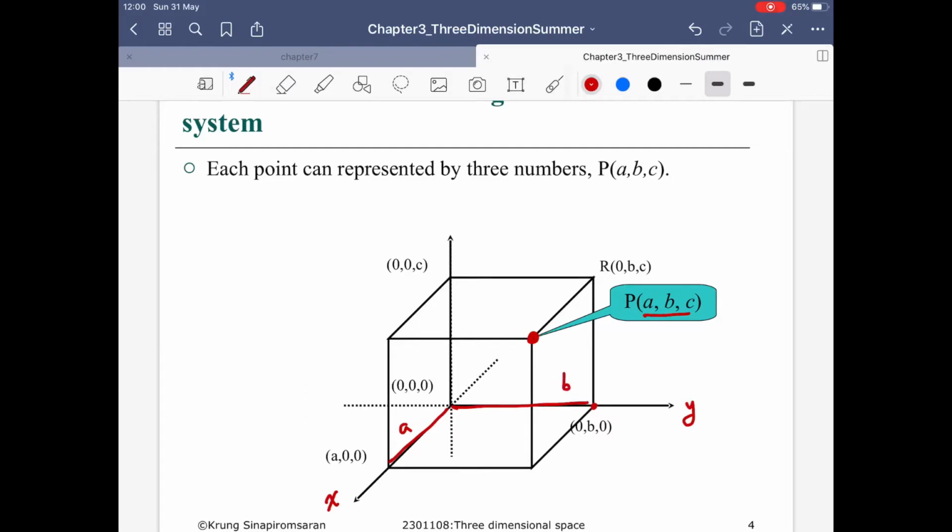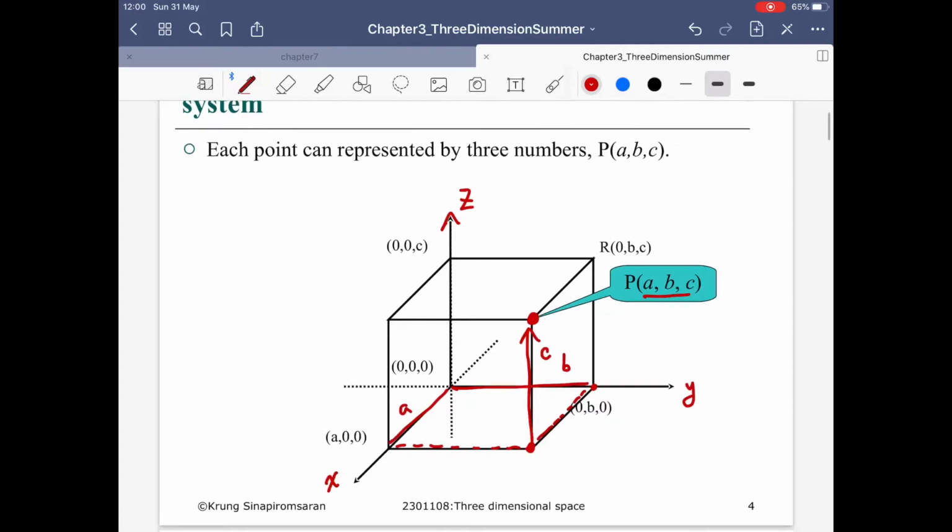Okay, so as you project it on the floor first, here are the a and the b, and then it is elevated up along the z-axis by c units. Okay, so it is right here, here's the z-axis. This is one of the points (a, b, c).